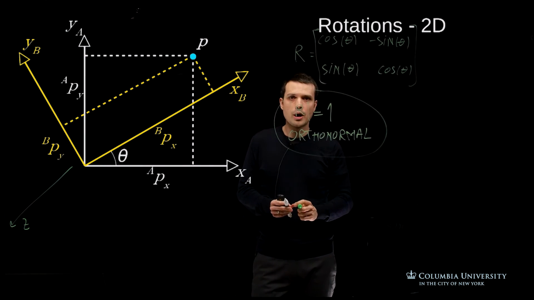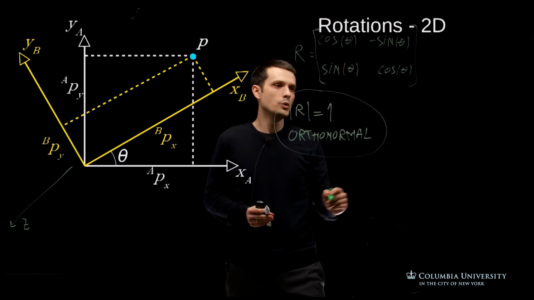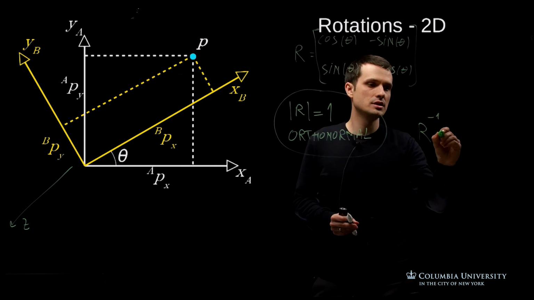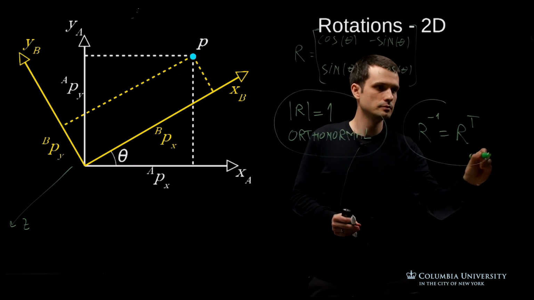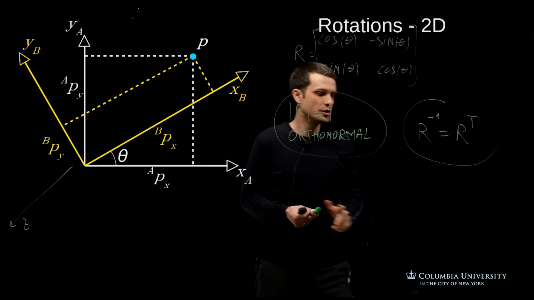Then there is one more property of rotation matrices, which actually follows from the two above, which is that its inverse is the same as its transpose. And this is also pretty easy to check.